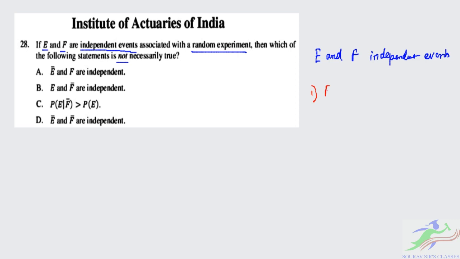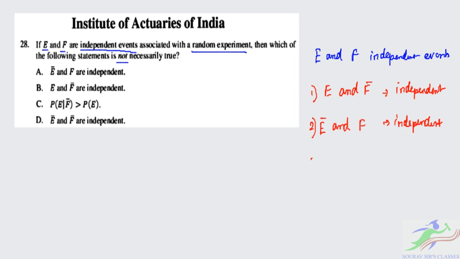Then E and F bar, or F prime, these are independent events, right? And E bar and F, these are independent events, which shows that options A and B are true.